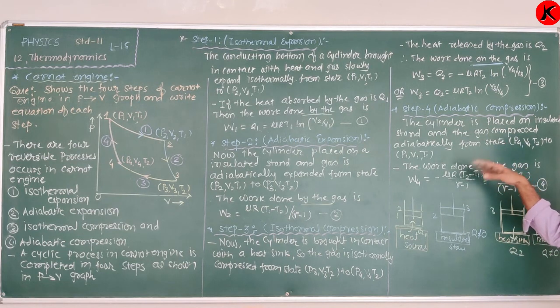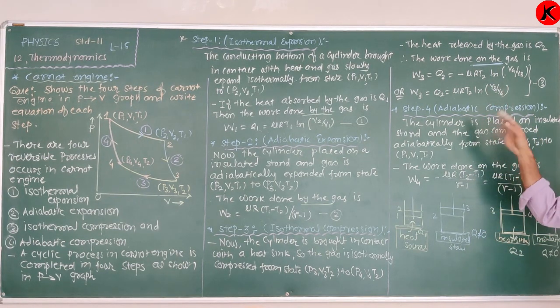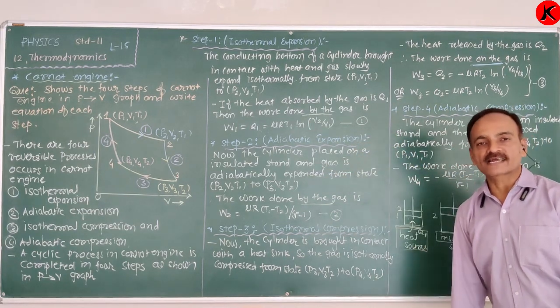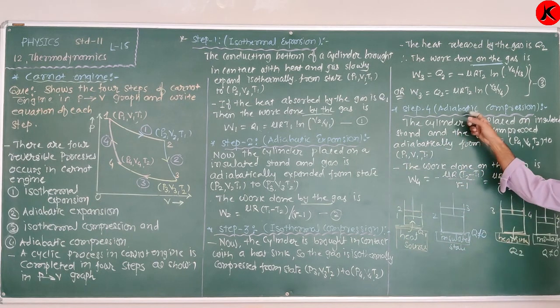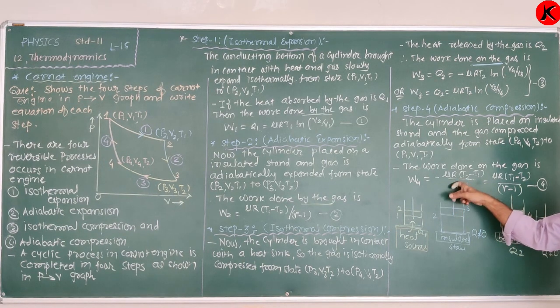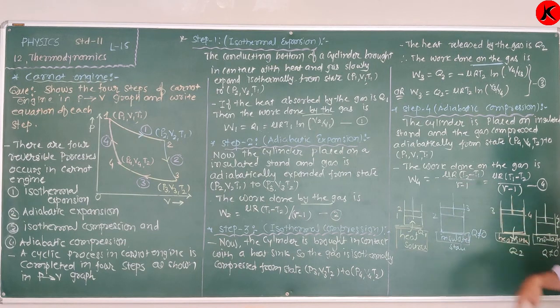During the compression, the work is done on the gas, while during the expansion, work is done by the gas. So during the adiabatic compression, the work done on the gas W4 is equal to minus mu R, T2 minus T1 upon gamma minus 1. The negative sign from the bracket is common, therefore mu R T1 minus T2 upon gamma minus 1.